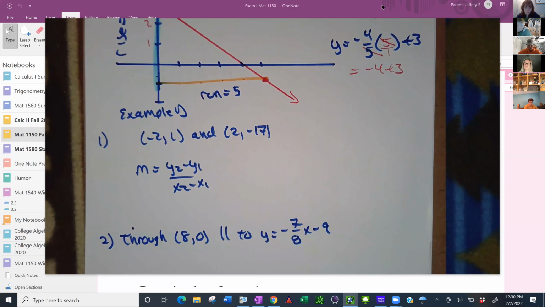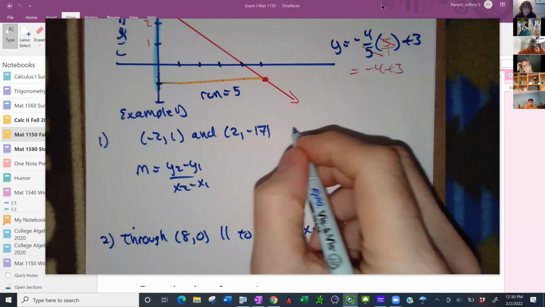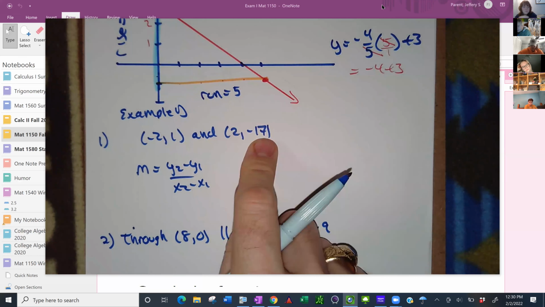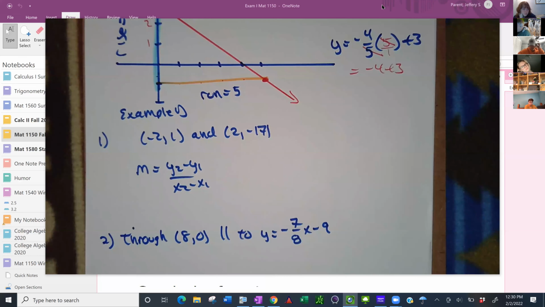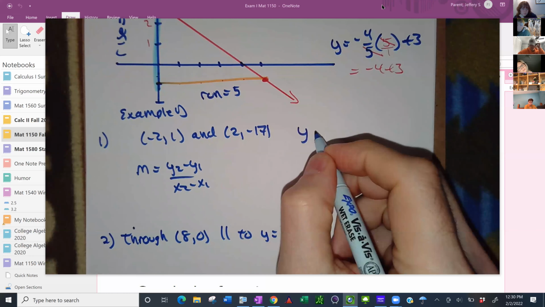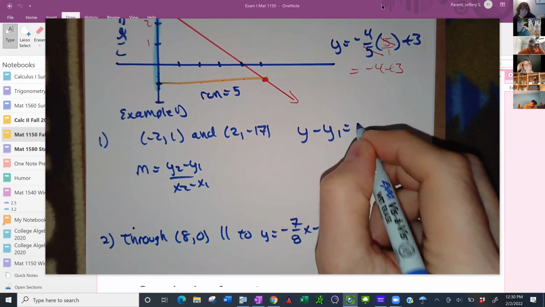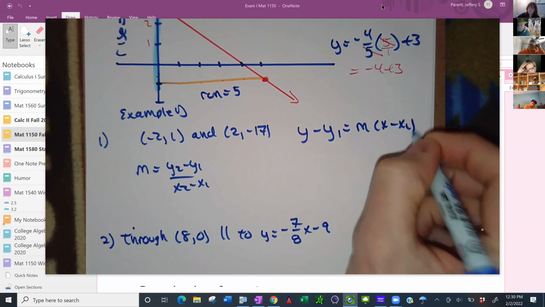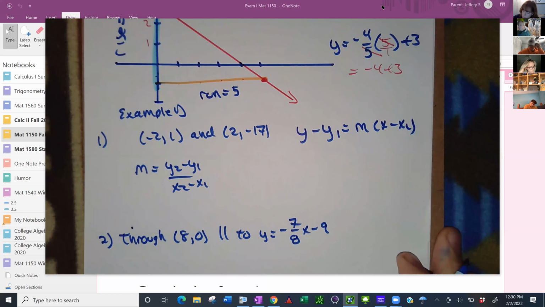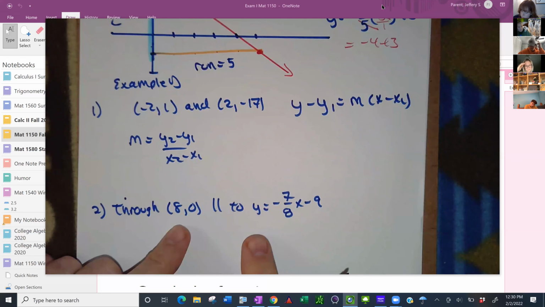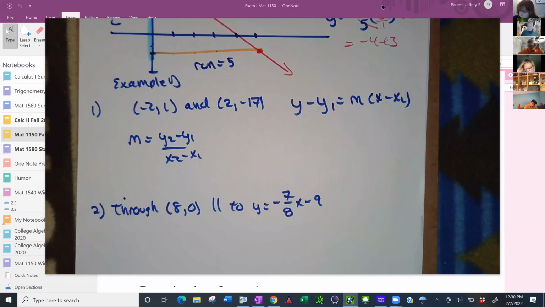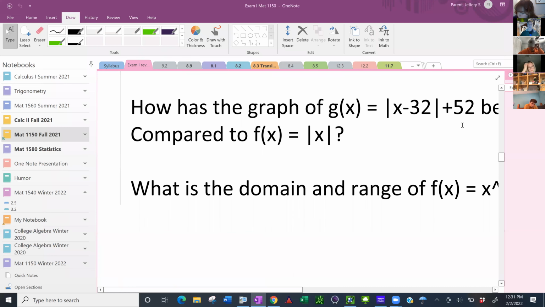Now, I'll remind you of another thing that we're going to deal with, and that is the point slope form of the equation of a line, y minus y1 equals m times x minus x1. So that's great if you have a slope and a point. In fact, I'm going to skip down a question or two, actually just one question, and look at that.